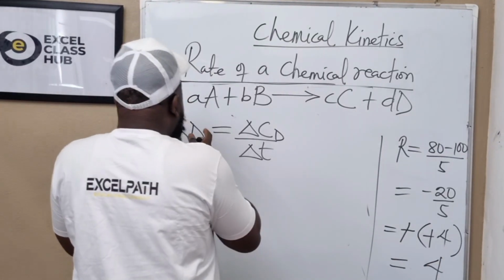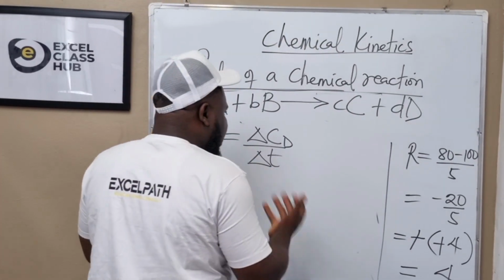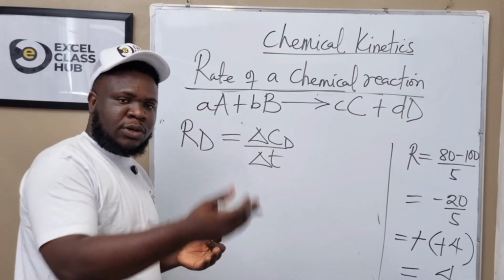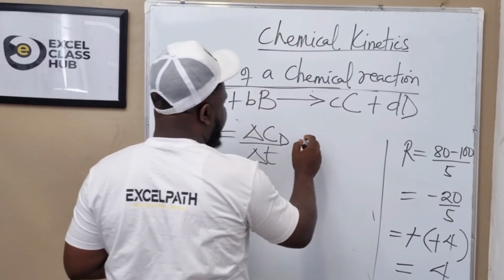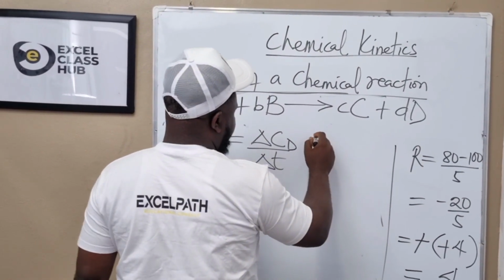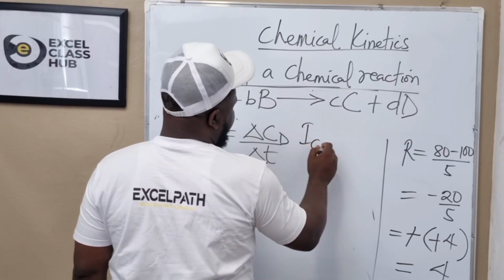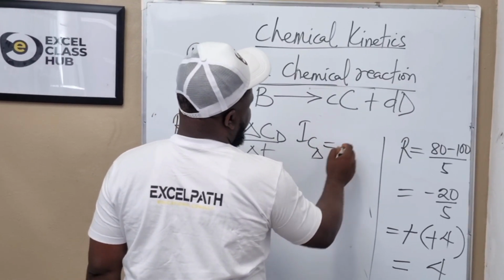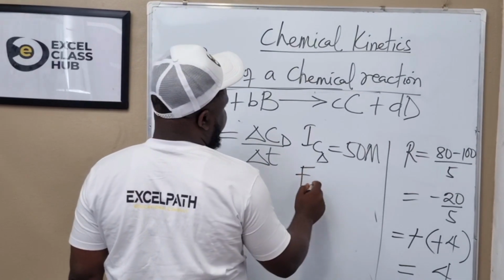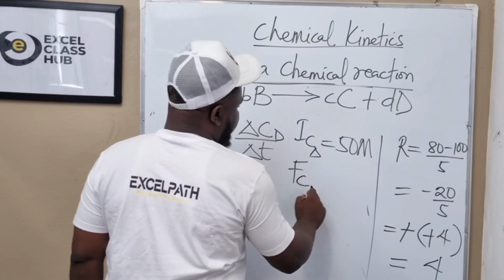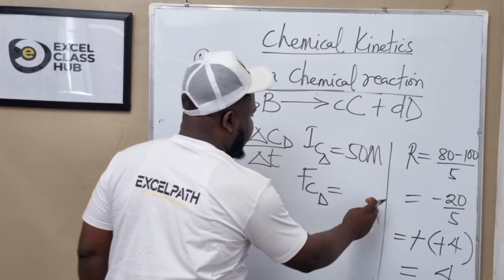Now, since D is a product, remember we said that the concentration of product increases with time. So since D is a product, if the initial concentration of D is 50 molar, the final concentration of D must be greater than 50.